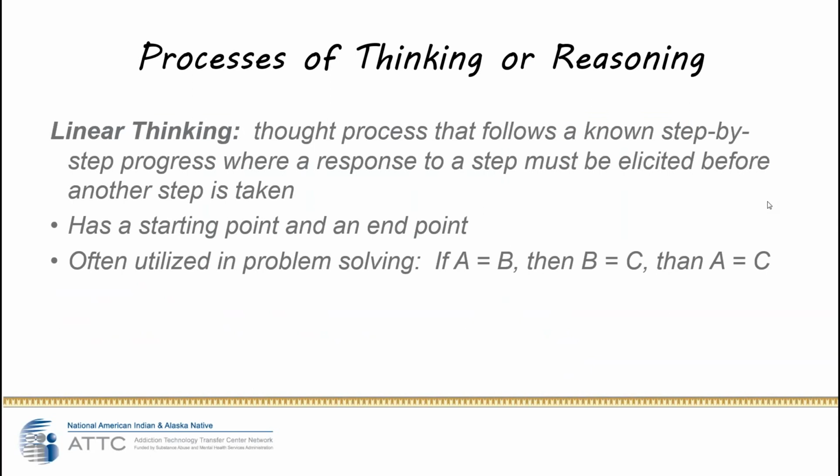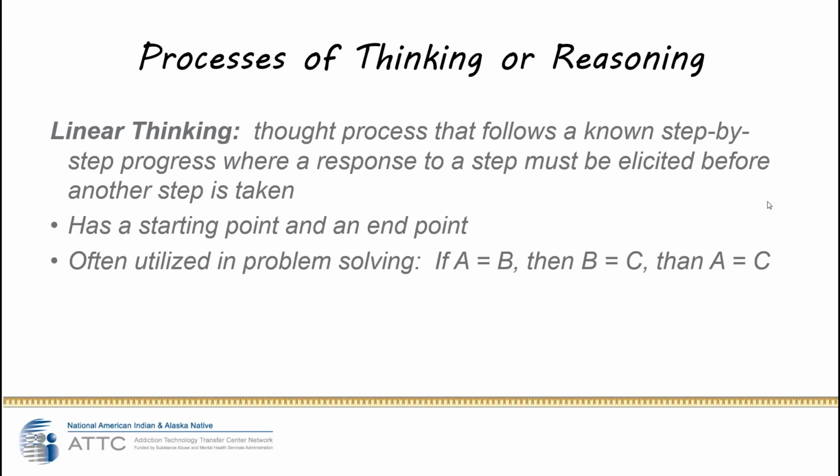So I'm going to talk a little about some of the different ways that Native Americans might think about or process the world. Linear thinking is a little more common for those of us who relate more to the dominant culture. It's a thought process that follows step by step.